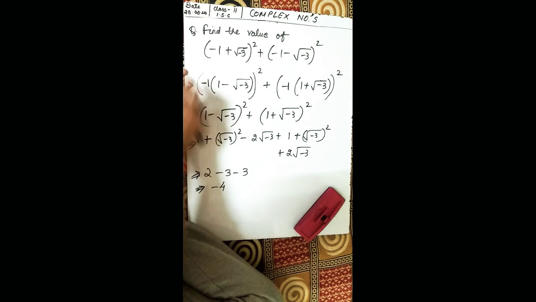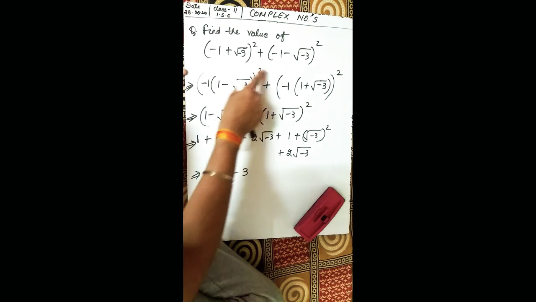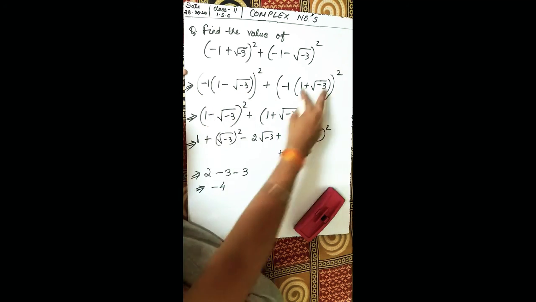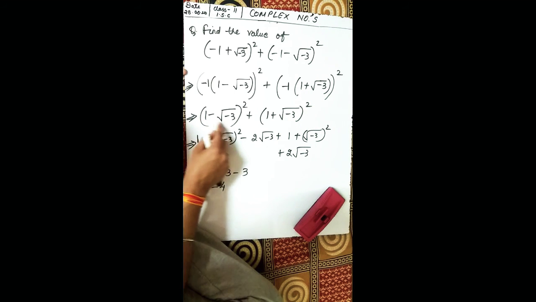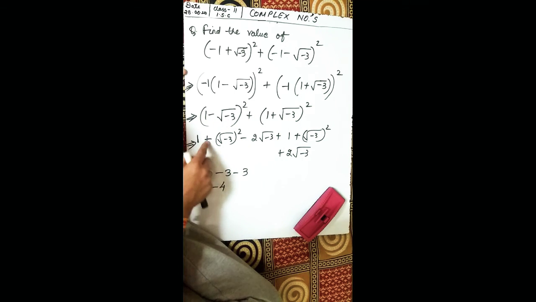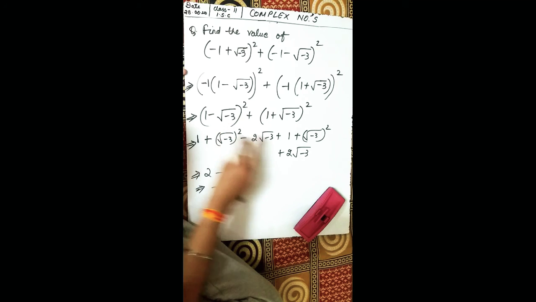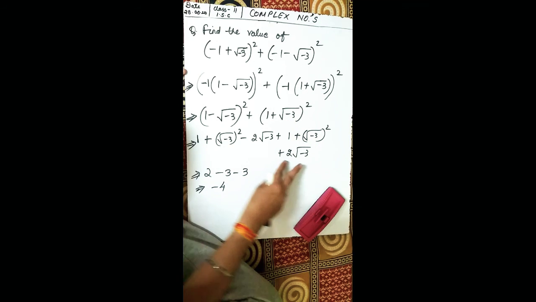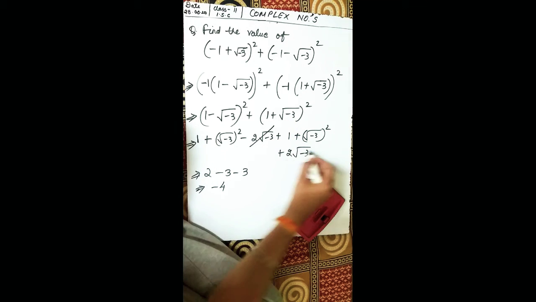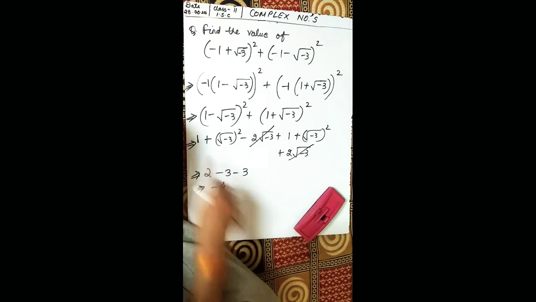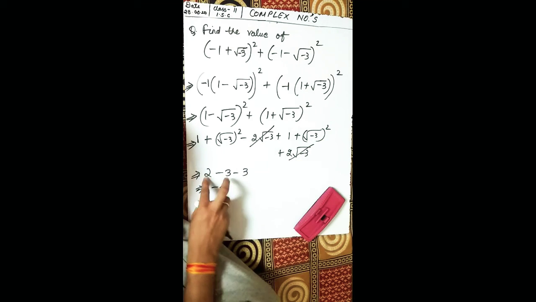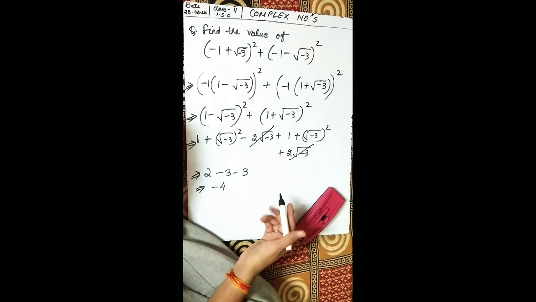So this will be removed, because minus 1 square is 1, so whatever is here, this is the whole square and this the whole square. Now using the (a minus b) the whole square identity, a square plus b square minus 2ab, and with the plus sign, a square plus b square plus 2ab. So here as you can see, this with this will be cancelled. 1 plus 1 is what? 2, and here minus 3 minus 3, so 2 minus 6, minus 4. That is how we got it.